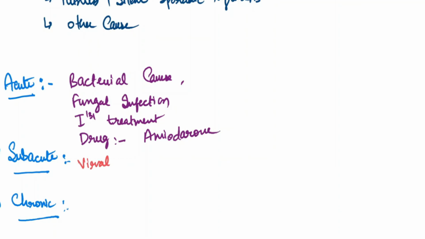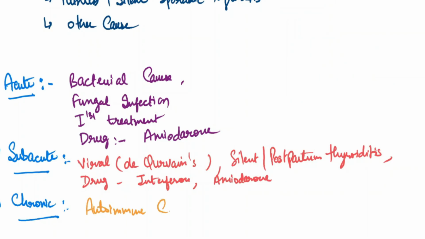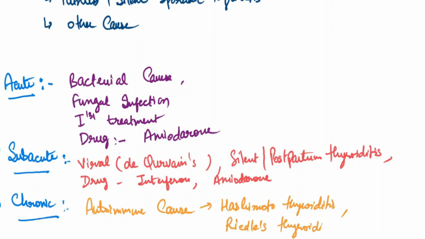In subacute, the most common cause is viral thyroiditis, also known as De Quervain thyroiditis, then silent or postpartum thyroiditis, and drug induced, like interferon or amiodarone induced. And in chronic thyroiditis, the most common cause is autoimmune thyroiditis, that is Hashimoto thyroiditis, and Riedel's thyroiditis.